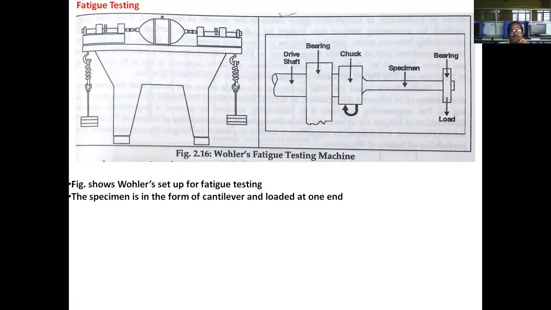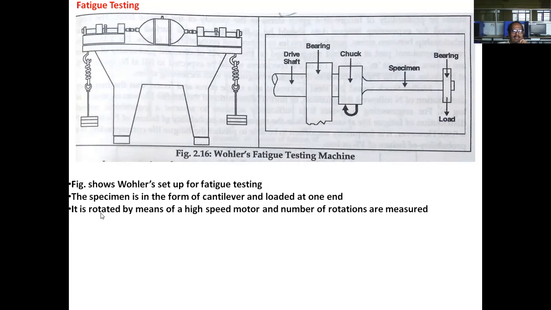Here loading is being done for this specimen and for another specimen over here. So basically we have a cantilever fixed at one end and loaded at the other end.